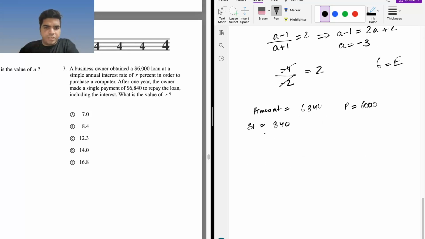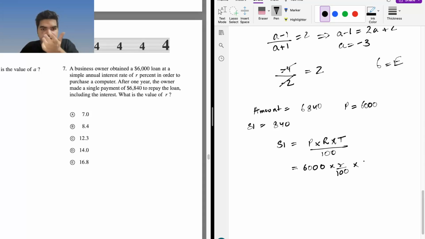Now, out of $840, we'll plug the values into the simple interest formula. So SI is equal to P times R times T upon 100. Principal was 6,000. So R by 100, basically, what was the interest rate? That will be R by 100.